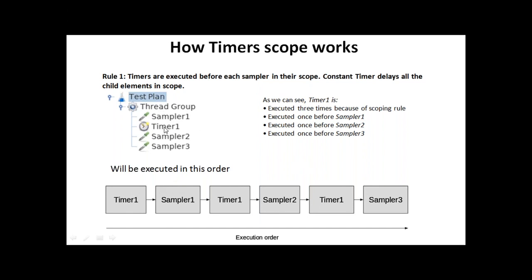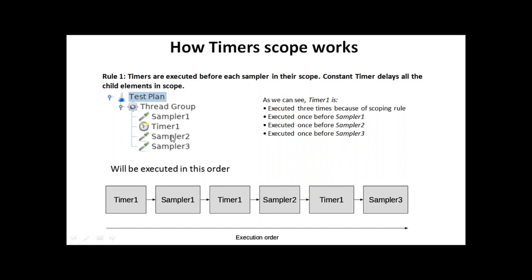As per the order, the timer needs to be executed before the sampler. So timer 1 is executed before sampler 1. And not only that, since the scope is on the thread group level, this timer is applicable to all the samplers, which means timer 1, sampler 1, timer 1, sampler 2, timer 1, sampler 3.